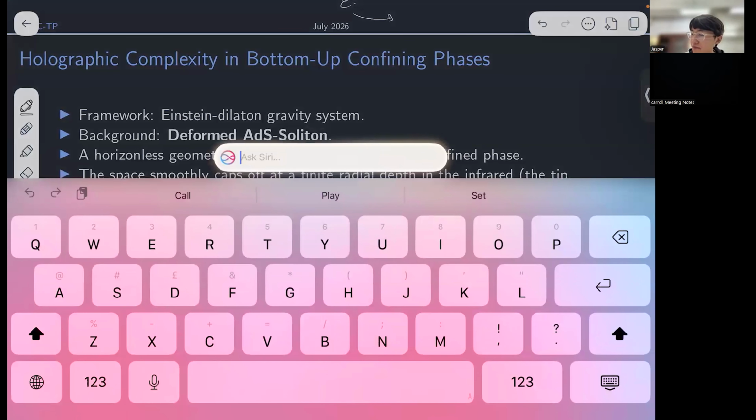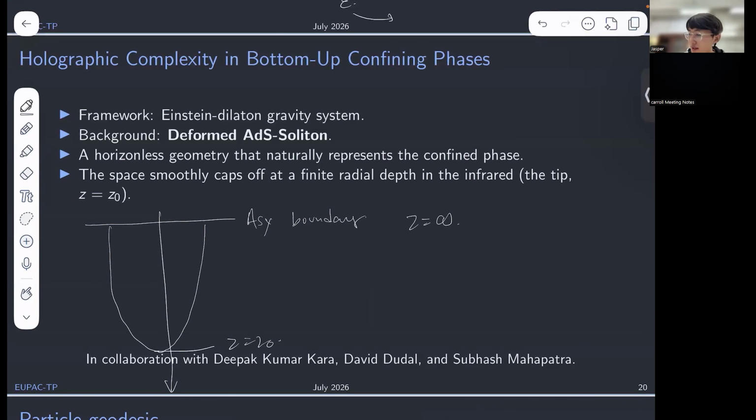The value of our z0 is determined by things such as the mass gap of our boundary theory. But for this system, we do not have any data on what should be our z0 or what should be the value of this deforming parameter, which we call a. So z squared is our radial coordinate, and we are interested in what happens if we vary this.